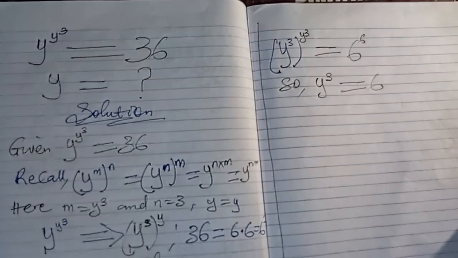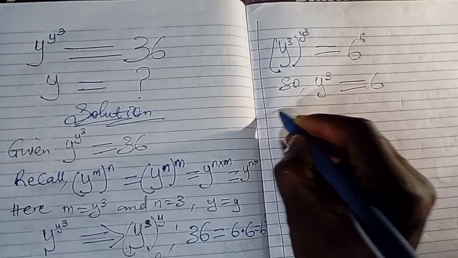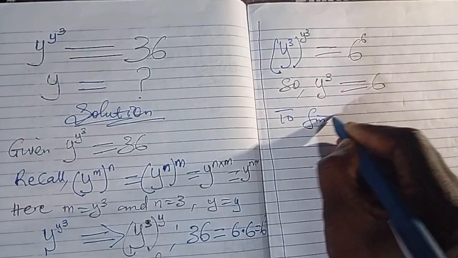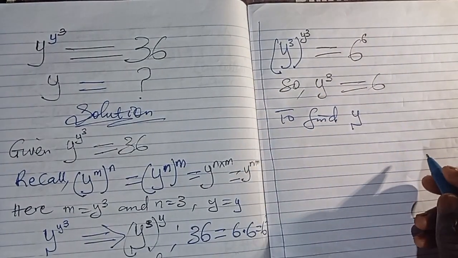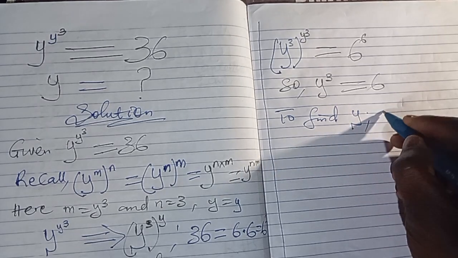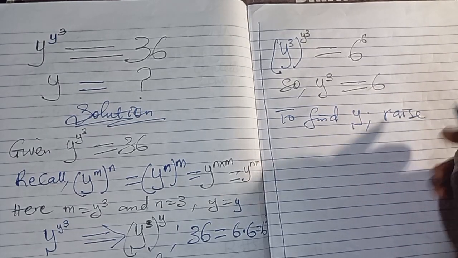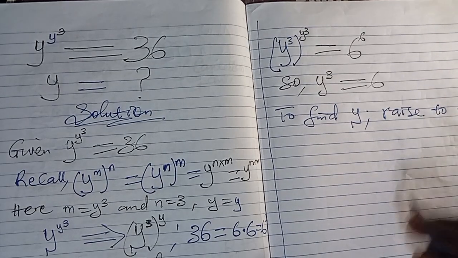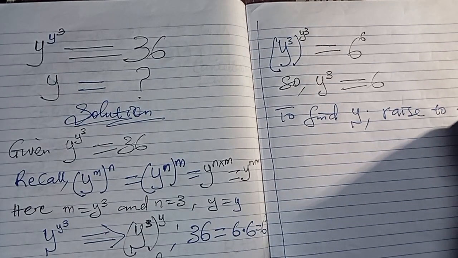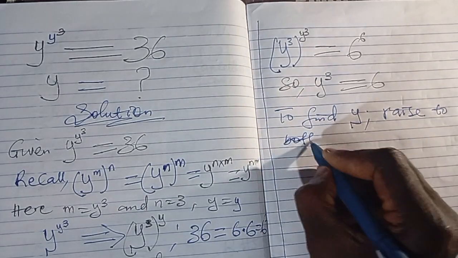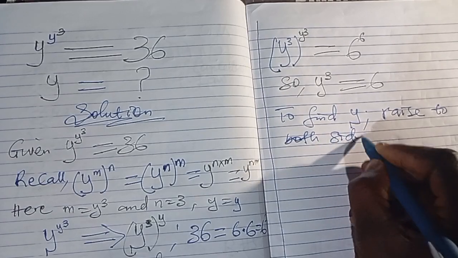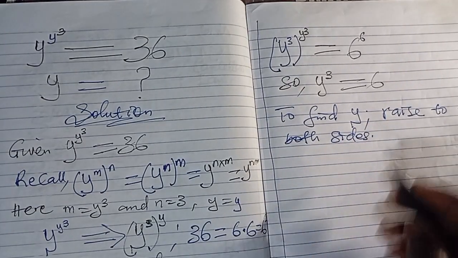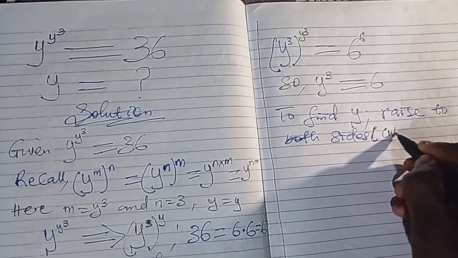Now to find y, raise to 1 over 3 on both sides, or you take the cube root.